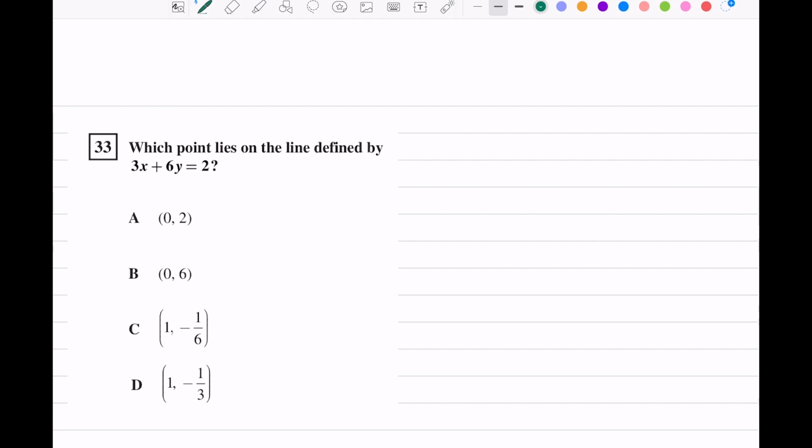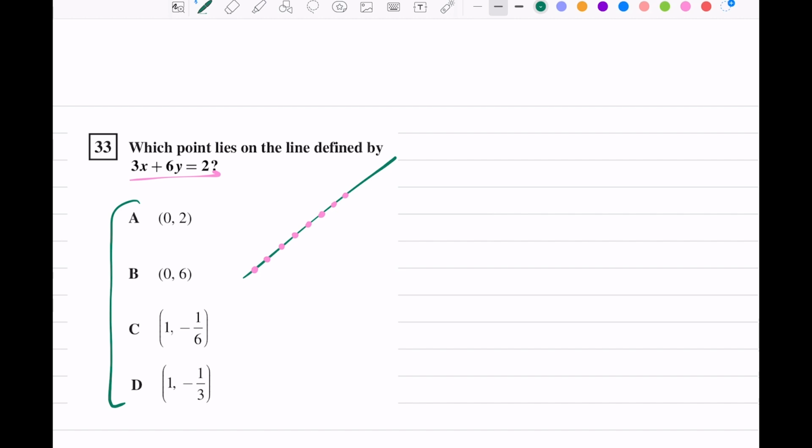Which point lies on the line defined by 3x plus 6y equals 2? So as we've discussed, a line is made up of all the infinite number of points that make our equation true. So if one of our points here makes this equation true, it's on the line.